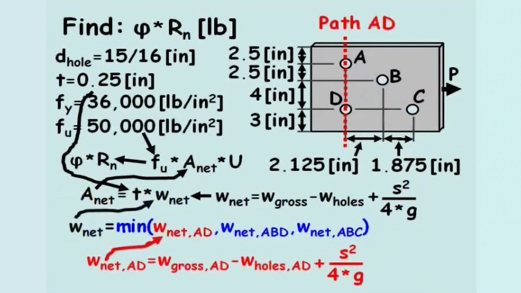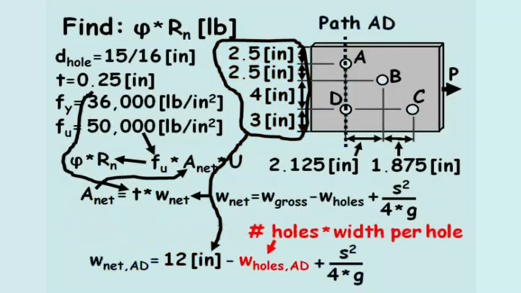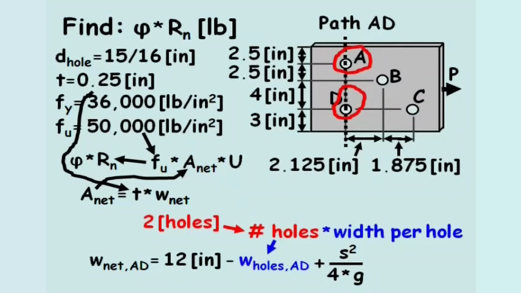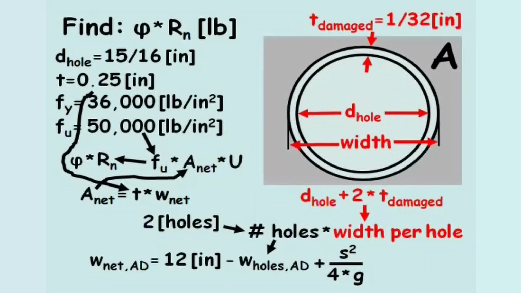For path AD, the gross width is the sum of 2.5 inches, 2.5 inches, 4 inches, and 3 inches, which equals 12 inches. The width of the holes equals the number of bolt holes times the width per hole, where the number of bolt holes equals 2 for hole A and hole D. If we take a closer look at a typical bolt hole, the width per hole equals the diameter of the hole plus 2 times the assumed damage thickness along the hole's edge.